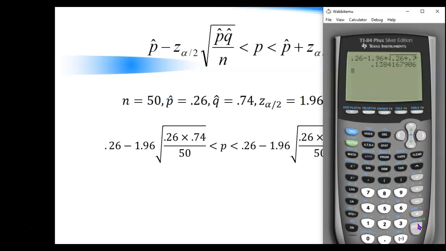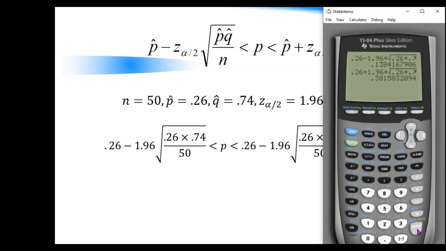So that comes up as 0.138416790. So to 3 decimal places, that would be 0.138. And if I put the same thing in, but with a plus instead of a minus, 0.26 plus all that other stuff, the calculator gives me 0.3815 and so on.